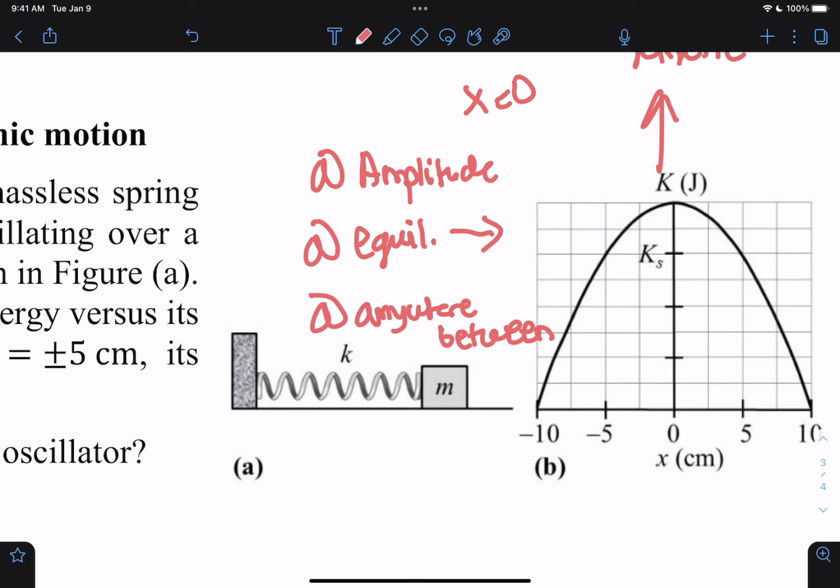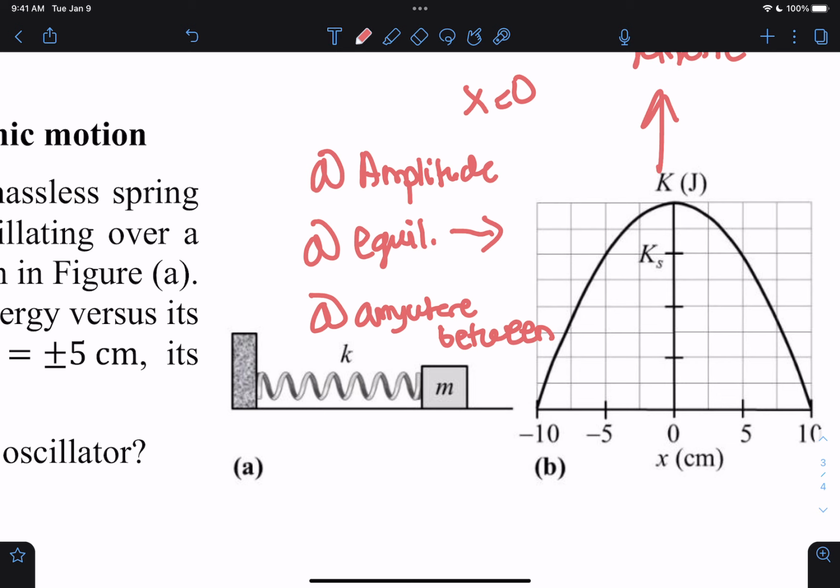Remember, potential energy is half kx squared, right? So if x equals 0, then potential should be equal to 0. That's absolutely correct. At that equilibrium position, you're at x equals 0, and so our potential energy should be 0 as well, because half kx squared with x equals 0 is 0.